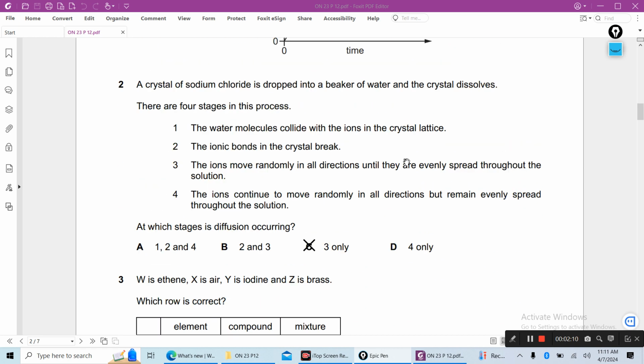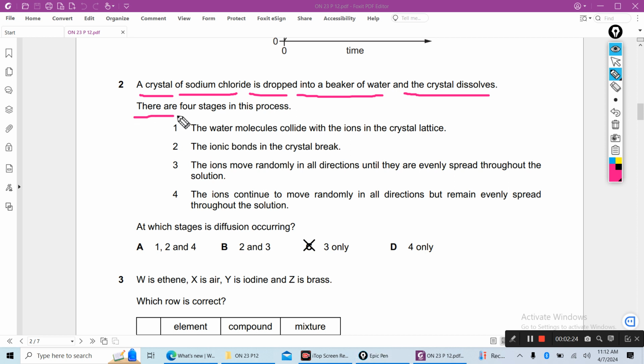Number 2. A crystal of sodium chloride is dropped into a beaker of water and the crystal dissolves. There are 4 stages in this process. 1. The water molecules collide with the ions in the crystal lattice.